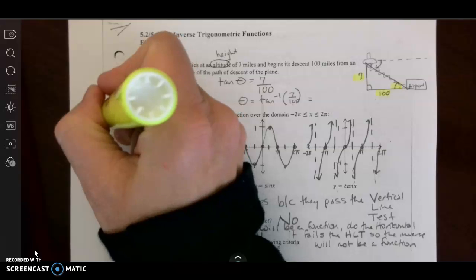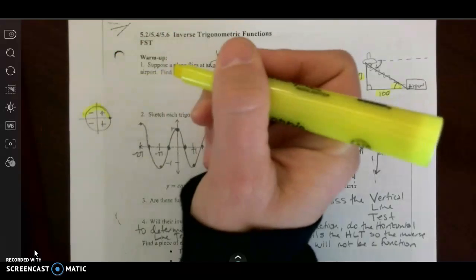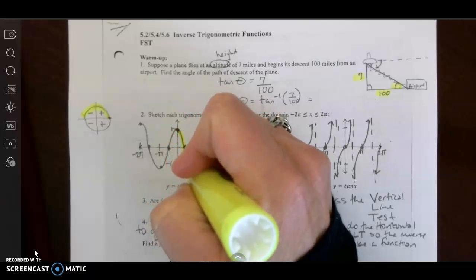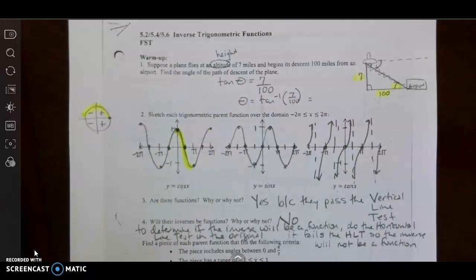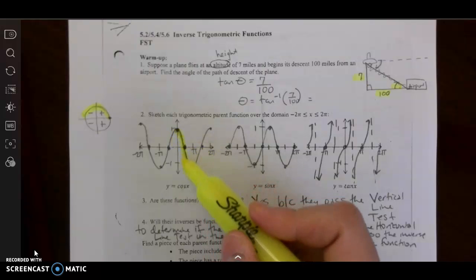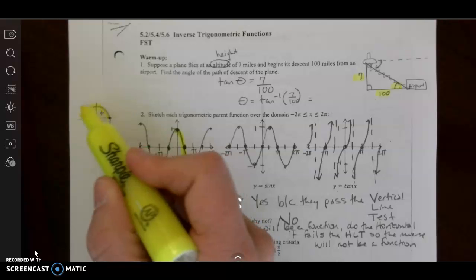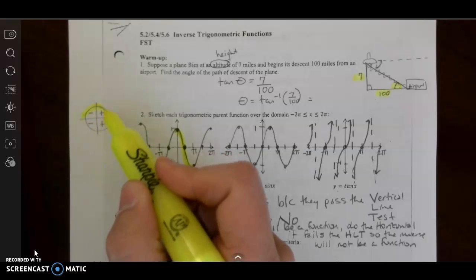We want to somehow include this, a continuous piece that would have all of my answers. Well, here would be my positives, and here would be my negatives, which would be this part right here on my graph. If I look at just this piece of cosine, I will have all my cosine values, all of them, and they just repeat down here.